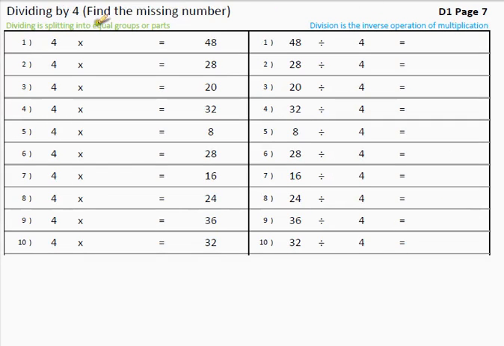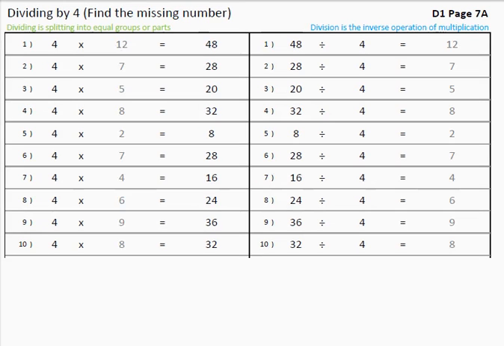Okay, we are on our 4 times table. 4 times what is 48? 4 times 12, yes. In other words, what is 48 divided by 4? Yes, 12. Okay, pause the video, it's your turn. There you go, there's your answers.